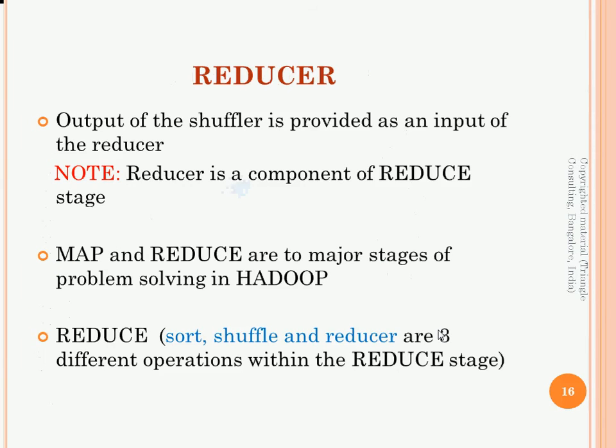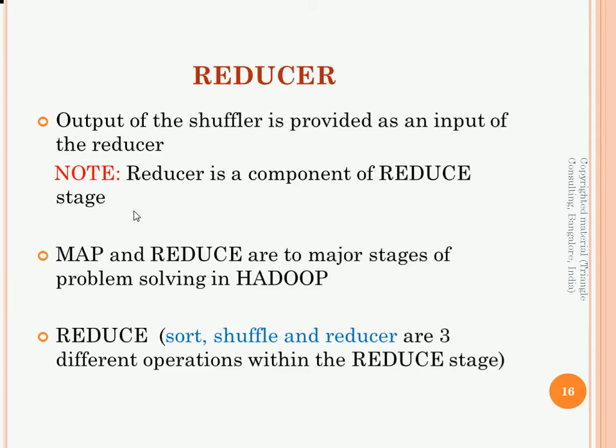So the output of the shuffler is provided as an input to the reducer, and the reducer is the final operation of the reduce stage. So map and reduce are the two major stages, and within map we have two substages, record reader and mapper, and then the reduce stage consists of three phases: the sort, the shuffle, and the final operation being the reducer.